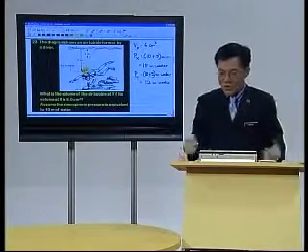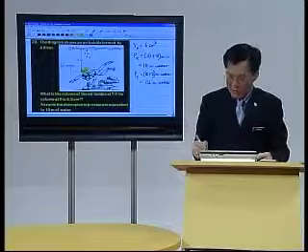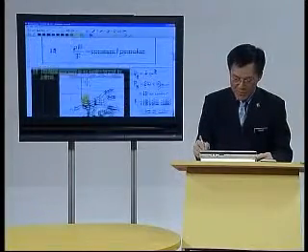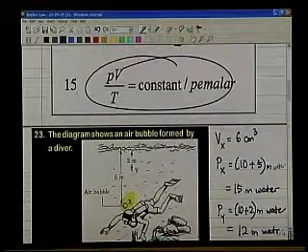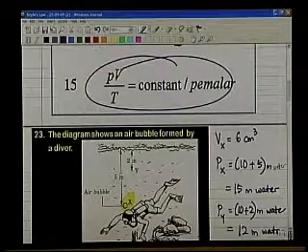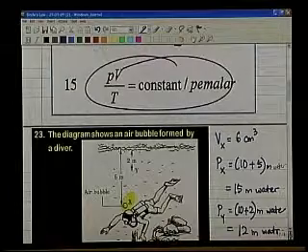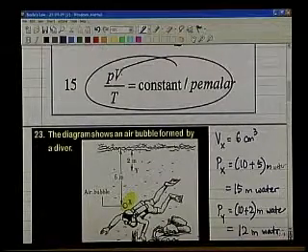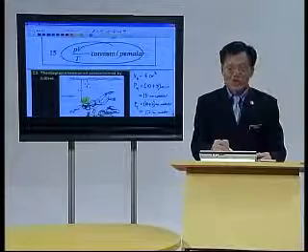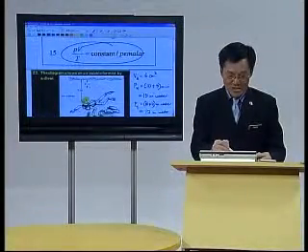Okay, so now let us take a look at our formula. The formula page. Here we are. PV over T equals to constant. So in this case, we have pressure varying or changing with volume. And here we assume that the temperature is constant.